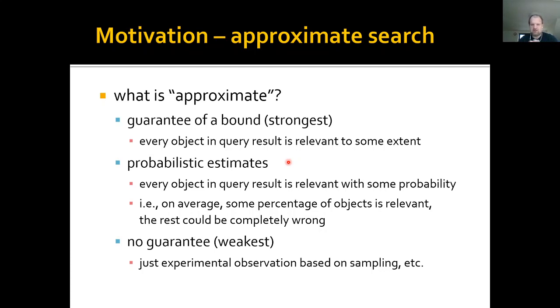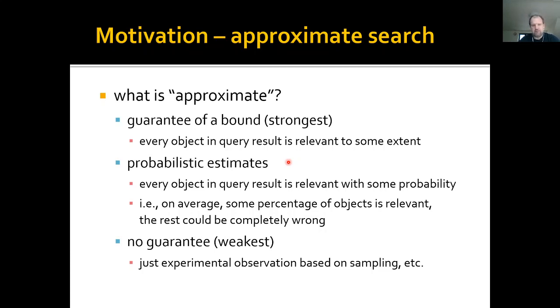That should be more or less good, but we will only demand that statistically every object in the query result is good. So we have only probability that is guaranteed in the long-term run that the queries are correct or relevant to some extent. So we cannot guarantee anything anymore about individual objects in the query if we have one.